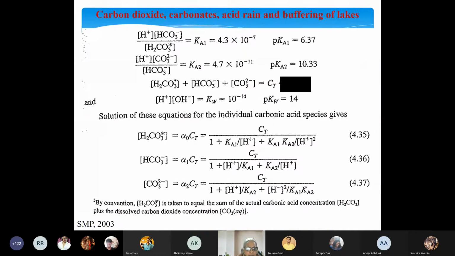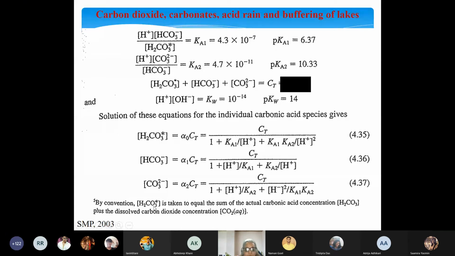So let's take a look at some derivations: how can you calculate the acidity of rainwater, and what is the impact of increasing CO2 levels on the acidity of rainwater? Right here we have the reactions. Now we have H2CO3*, with a star on it.